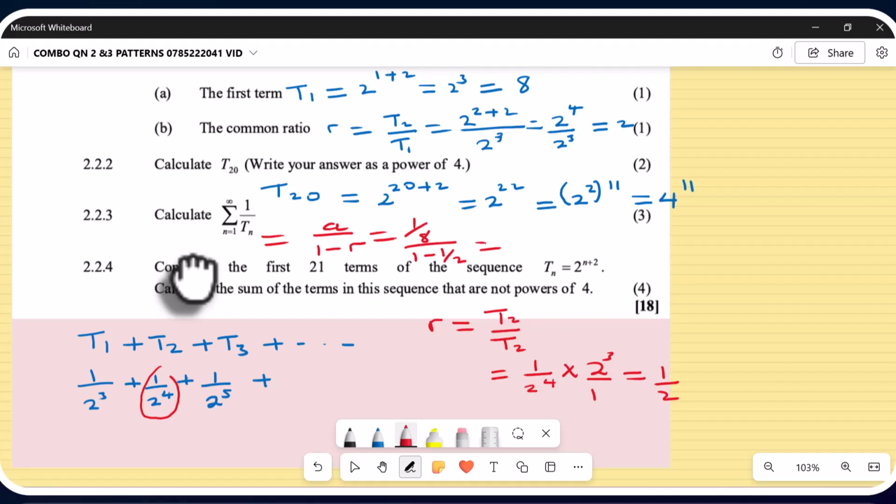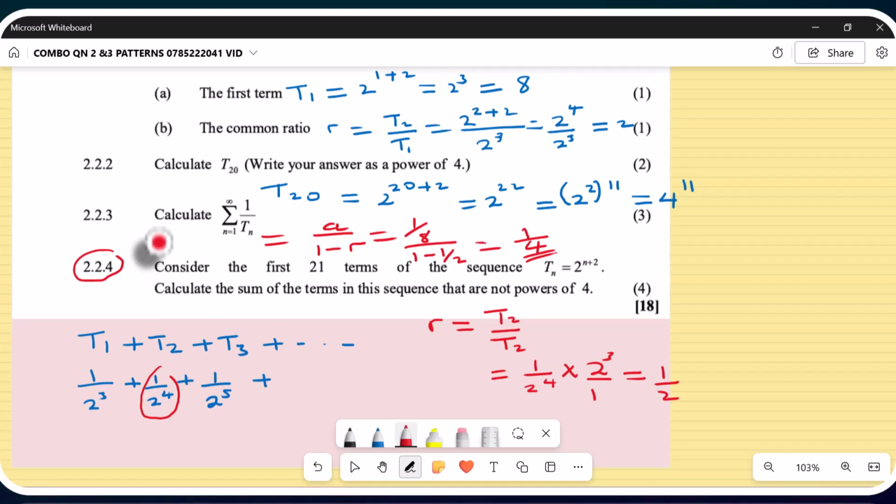Now we need to know the number of terms before we get the sum of these terms. So to get the number of terms here, we can use our Tn equals A times common ratio power n minus 1, whereby our Tn now is going to be this 2 power 23.